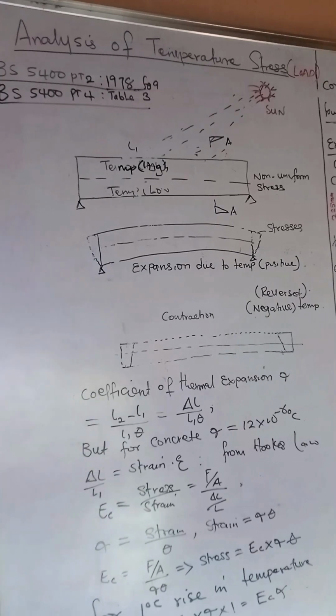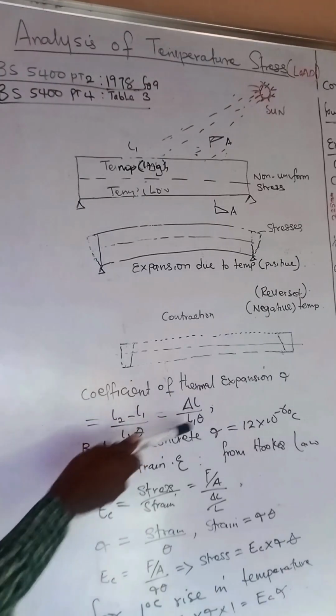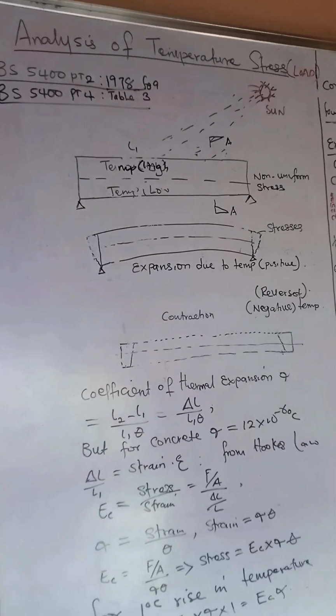Now we have this as delta L over L times theta. We can as well call theta our T, which represents our temperature rise. Now we said that the coefficient of thermal expansion for concrete, let it be 12 times 10 to the power minus 6 per degree Celsius.